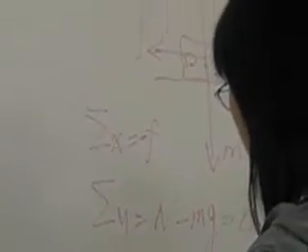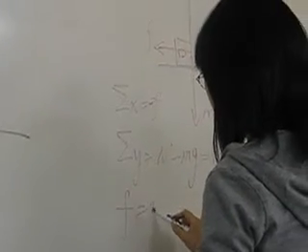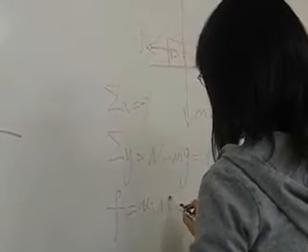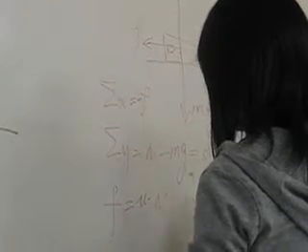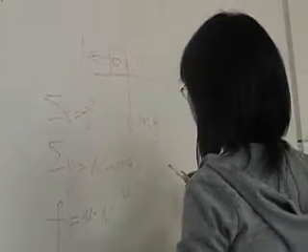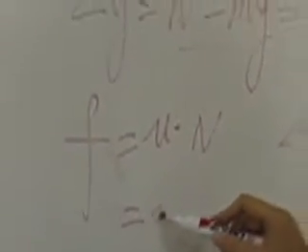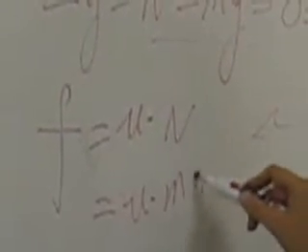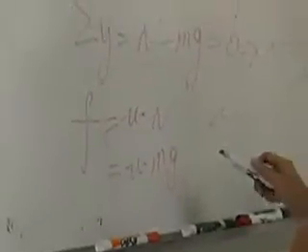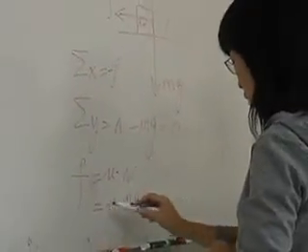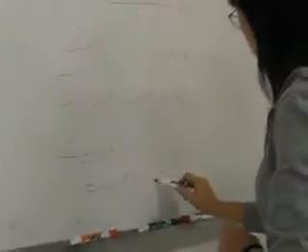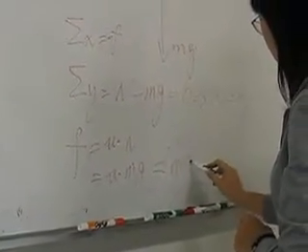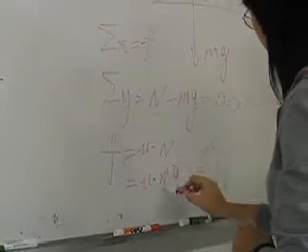And so the friction equals mu times N, and N equals mg. So F equals mu times mg, and so we know F equals ma, and then our m's cancel.